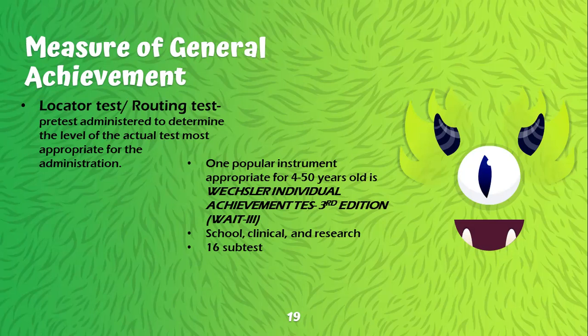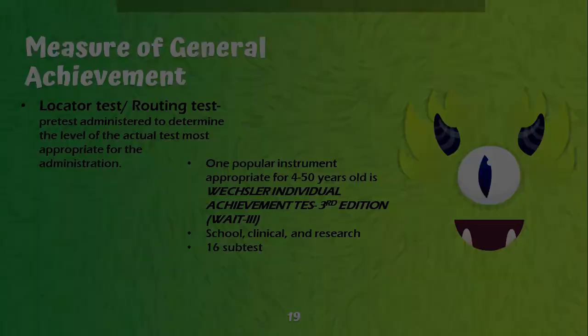So ang result niya mag-determine kung class A ba siya or class B. Katong result niya mag-determine kung asa siya pwede ibutang sa iyahang next nga grade level. So mauna si locator test or routing test.